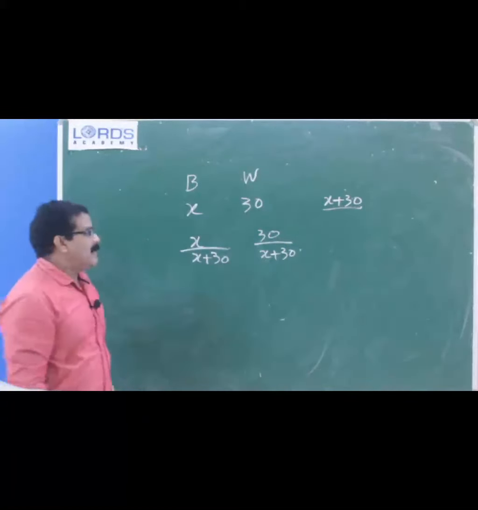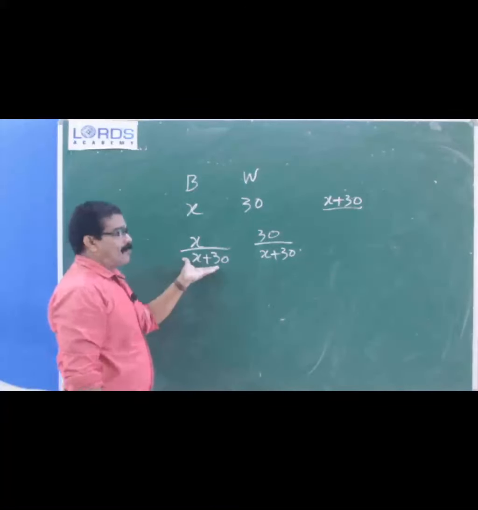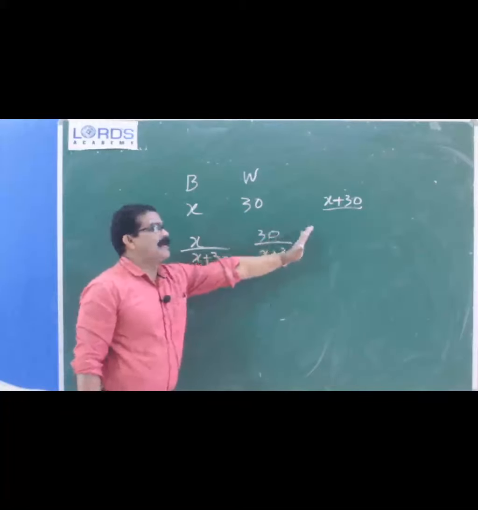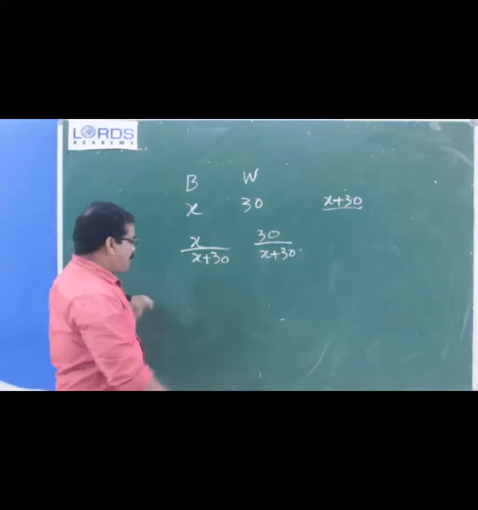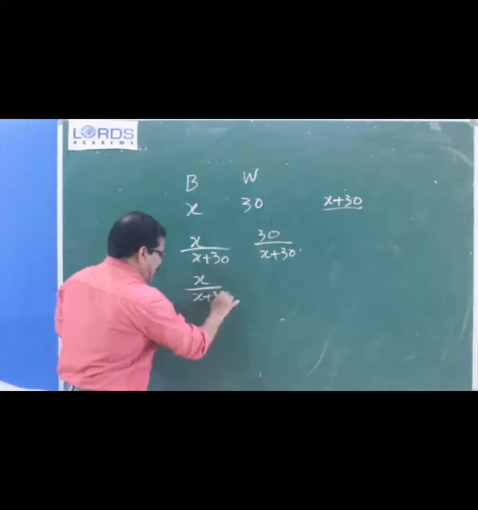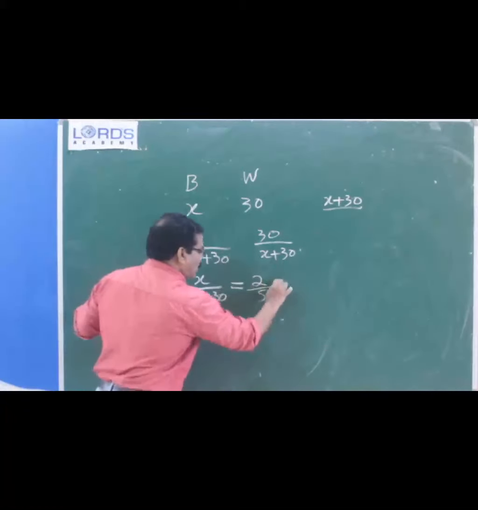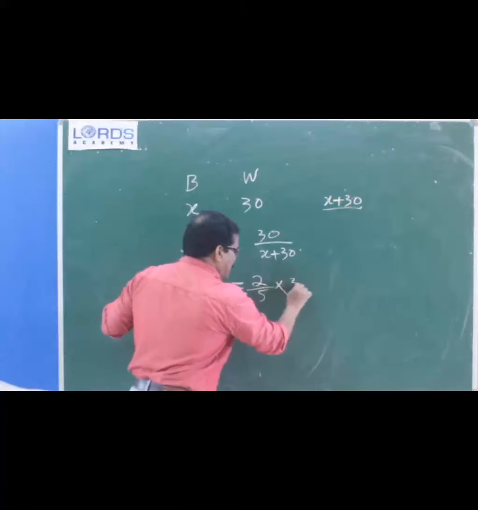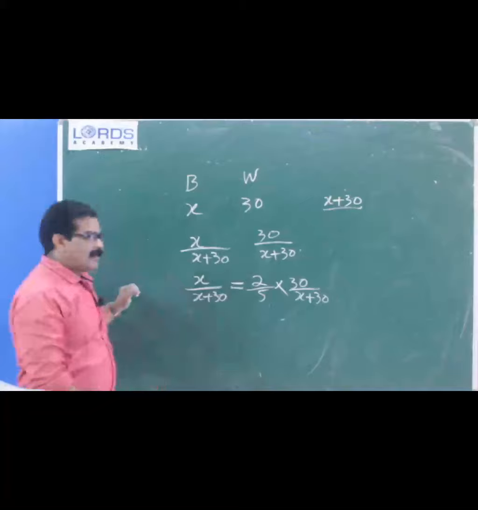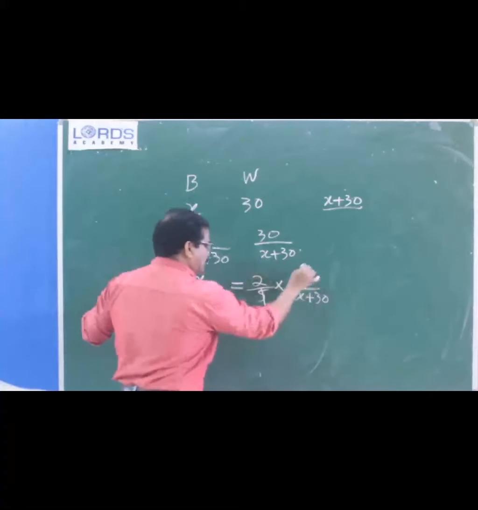Then they are telling that the probability of getting black is 2/5 of the probability of getting white. That means X by X plus 30 is equal to 2 by 5 into 30 by X plus 30. Here you can simplify 5 and 30 to get 6.